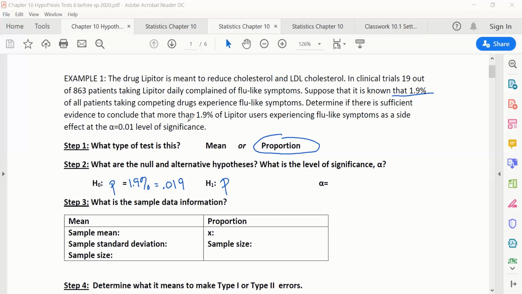And we are asking in the question more than 1.9% of users, so greater than 0.019. And our alpha was 0.01. We don't do the mean data, we do the proportion data here, and we had 19 out of 863.